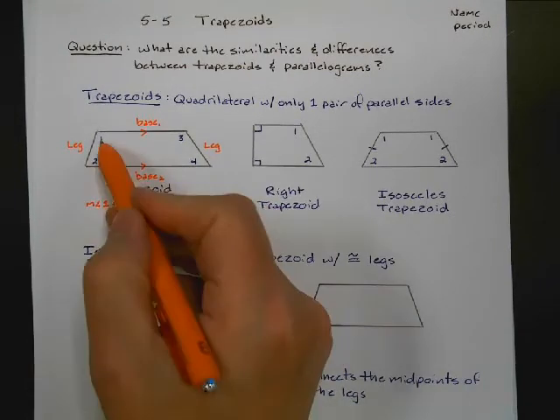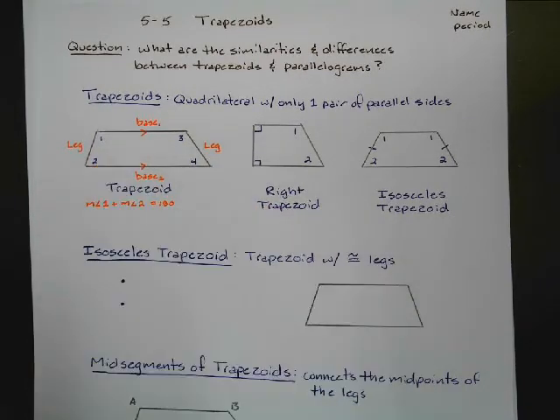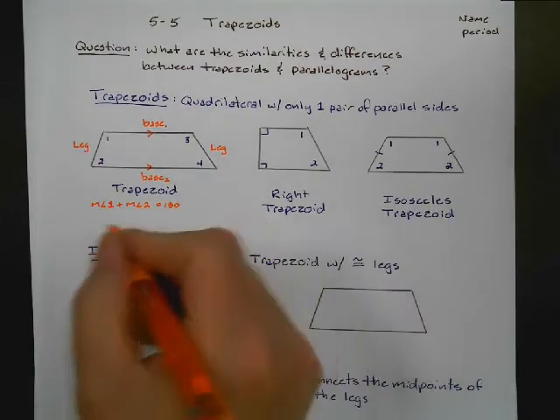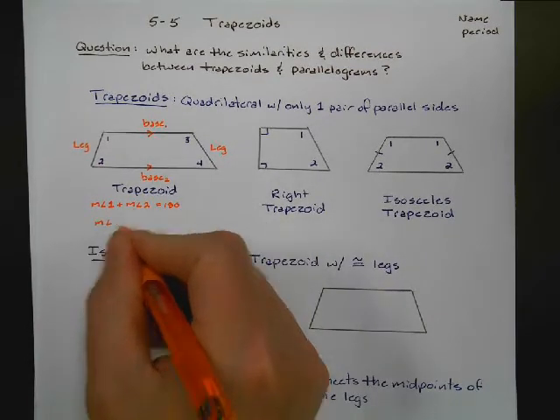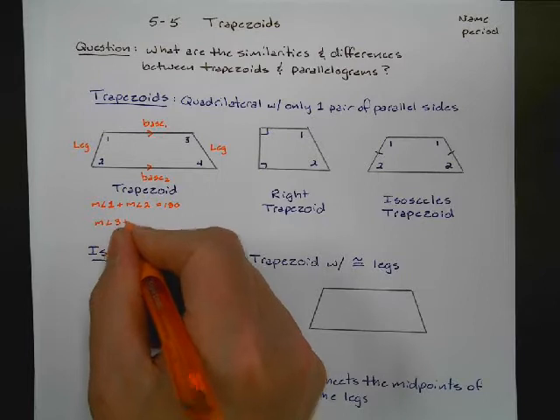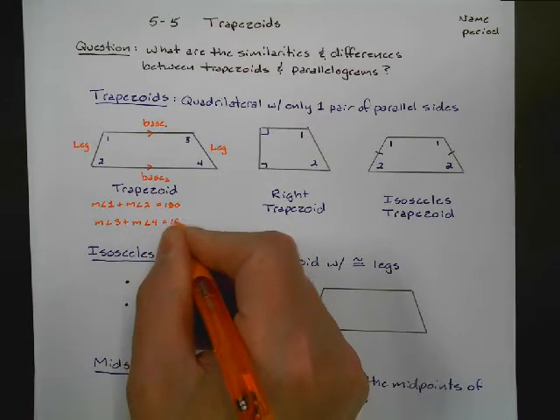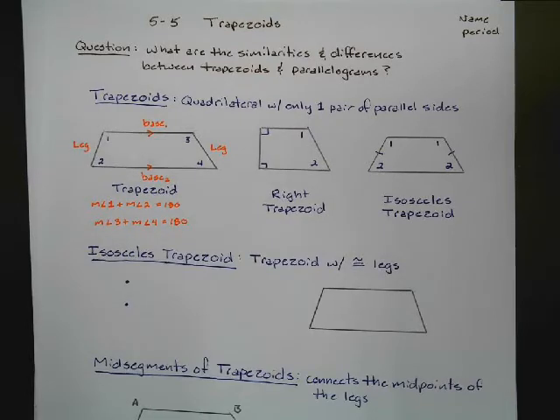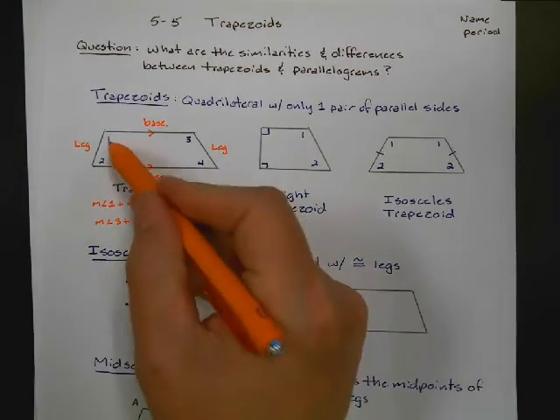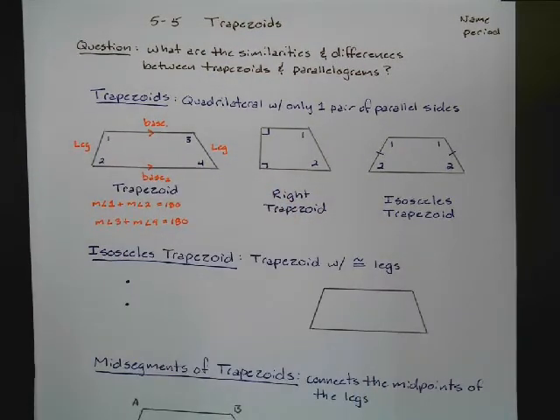So those have to be supplementary because they're same side interior angles. And we'd also see that the measurement of angle 3 plus the measurement of angle 4 for the same reason would also be 180. So that happens every single time with trapezoids because of same side interior angles. So that also happened with the parallelogram. So that's another similarity right there.